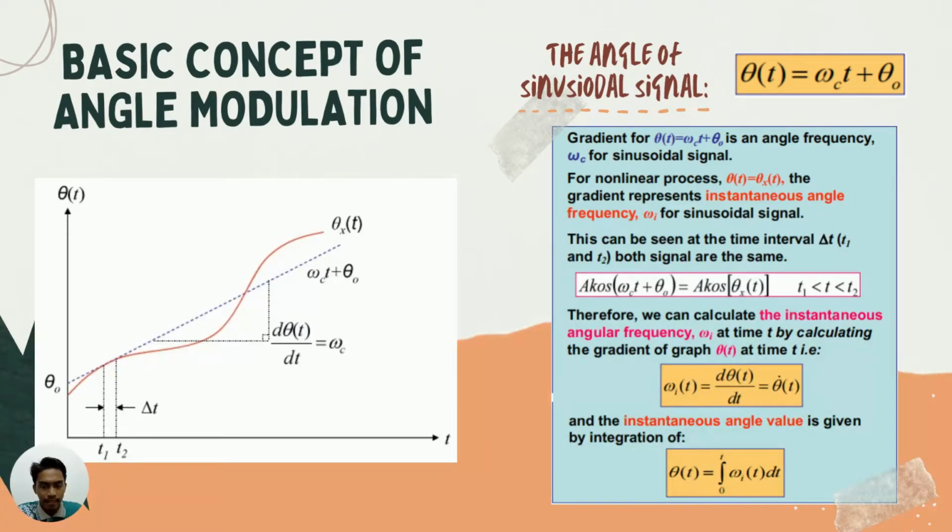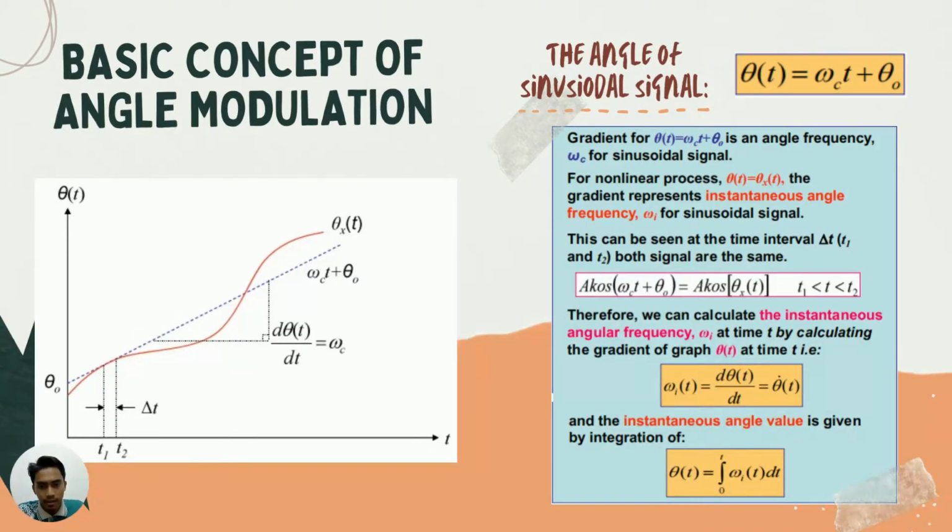This is the angle of a sinusoidal signal. The formula of the angle of a sinusoidal signal is theta(t) equals omega_c t plus phi naught. So we know the gradient represents the instantaneous angular frequency of the sinusoidal signal.